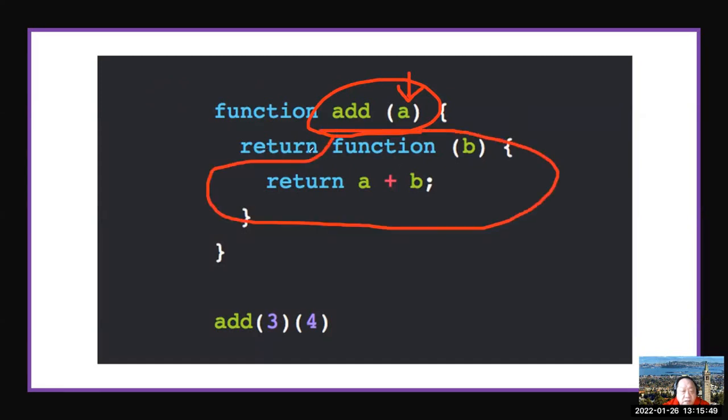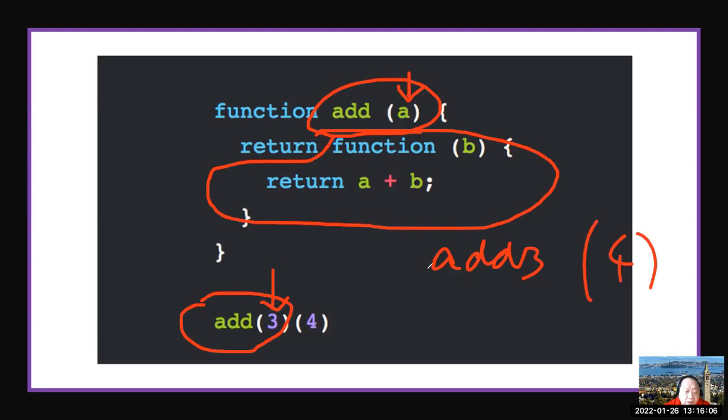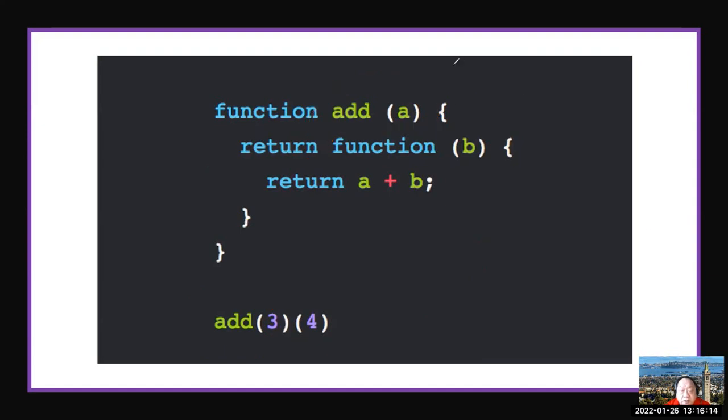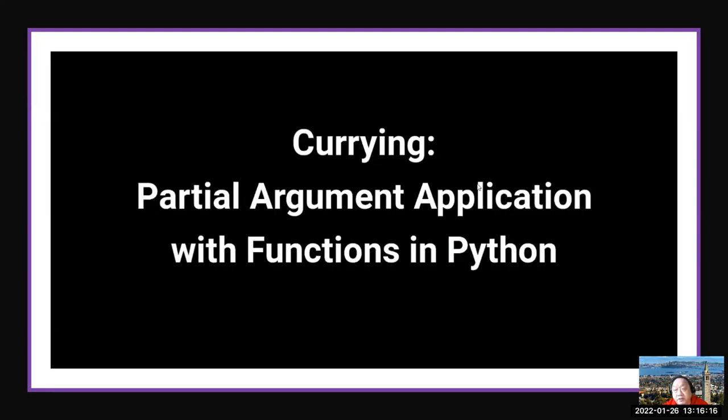So the result of add(3) is a function called s3. Then you pass 4 to s3, and you get a result of 7. This we call currying.